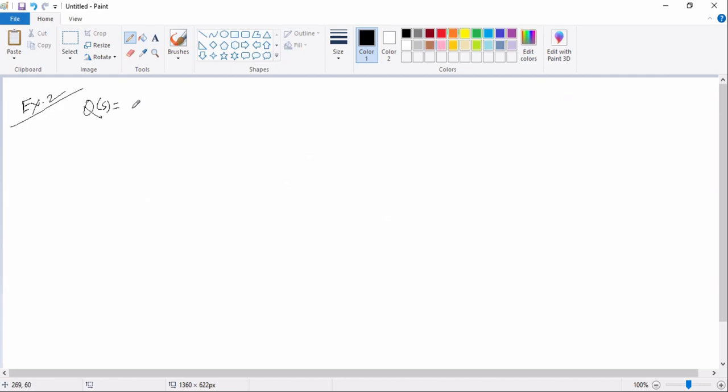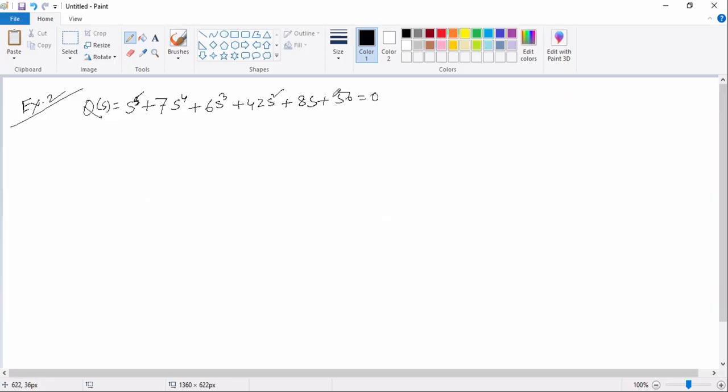Now Q(s) equal to s to the power 5 plus 7 s to the power 4 plus 6 s cube plus 42 s square plus 8s plus 56 equal to 0.